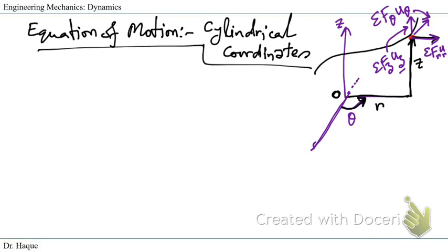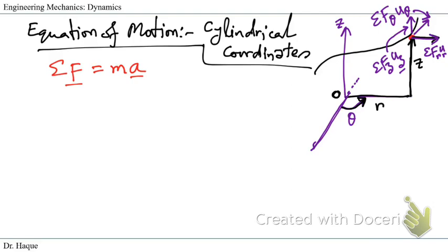In here we're going to start with the summation of force equals ma, the basic Newton's law of motion in vector form.